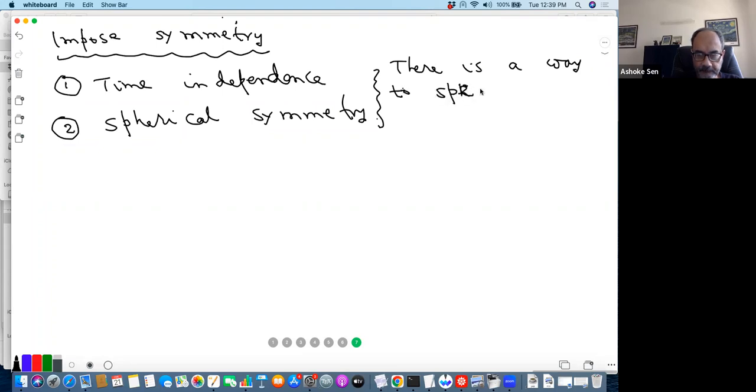Specify these in a coordinate independent way. And this we may discuss near the end of the course.